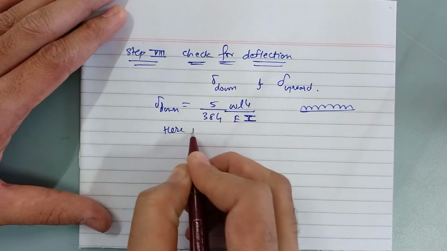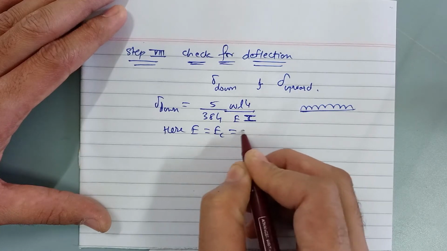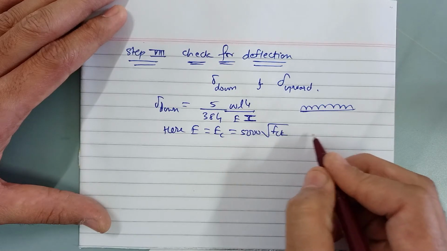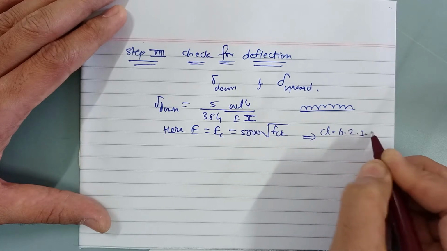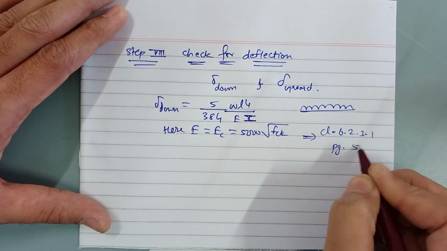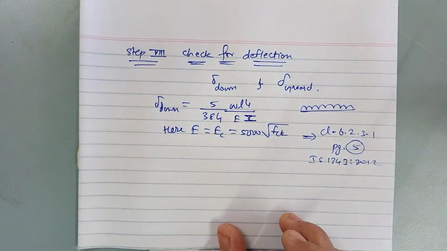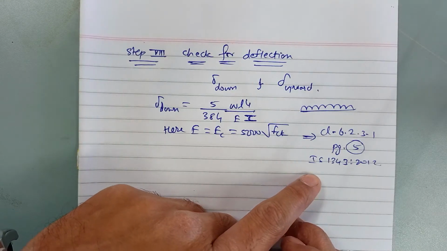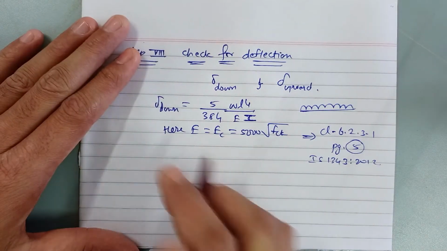Now here, E is nothing but EC, that is Young's modulus of concrete, and it is 5000 under root FCK. The clause you might be knowing, clause 6.2.3.1, page number 5, IS 1343:2012. I suggest you mention all the clauses while designing the problem, as it will add a better impression for your design and clear the concept during practice.